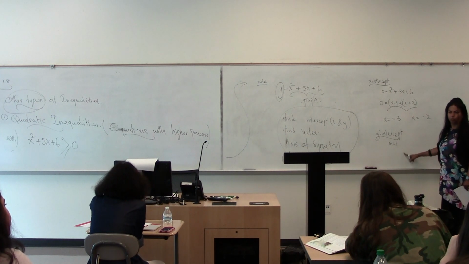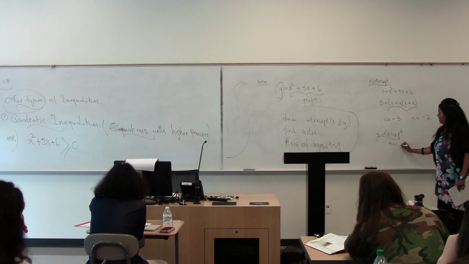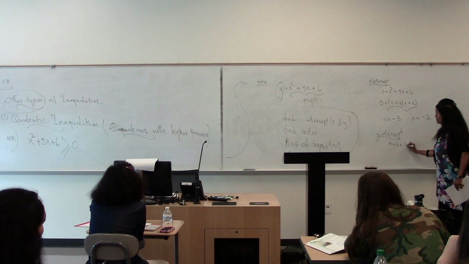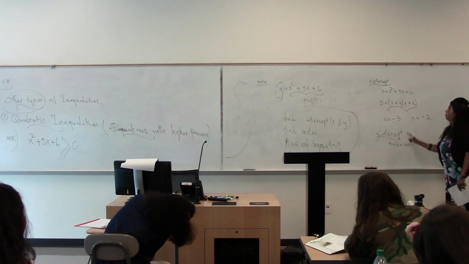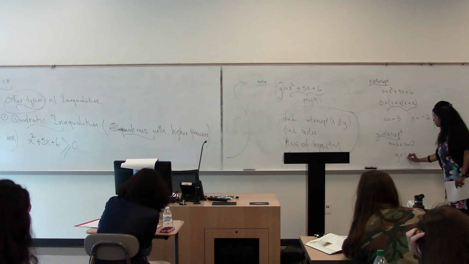When the graph is crossing the y-axis, the x-coordinate is 0, right? So we make x equal to 0. So if you make x equal to 0, y is equal to what? 6. Y is equal to 6.